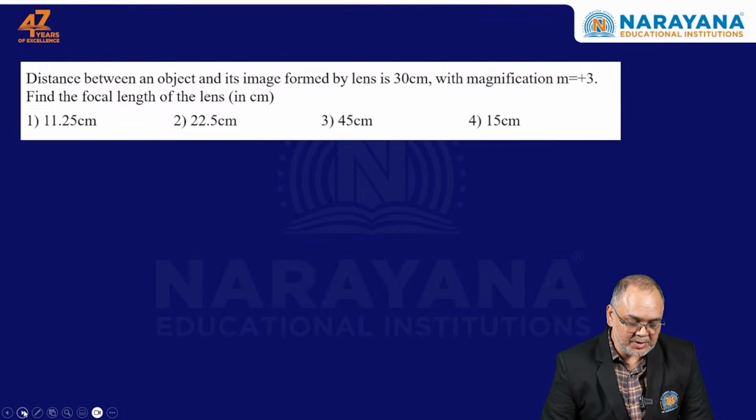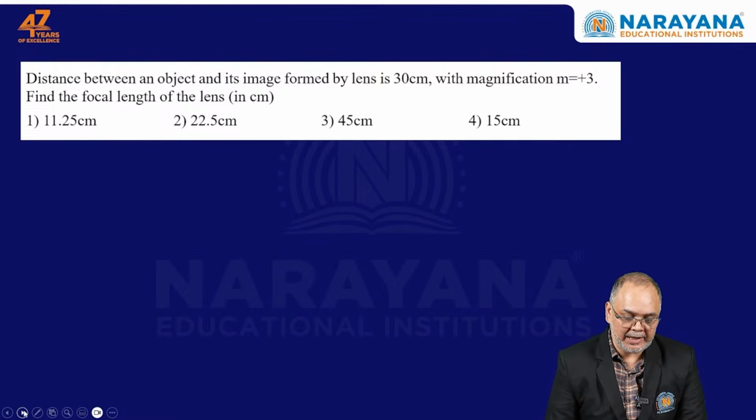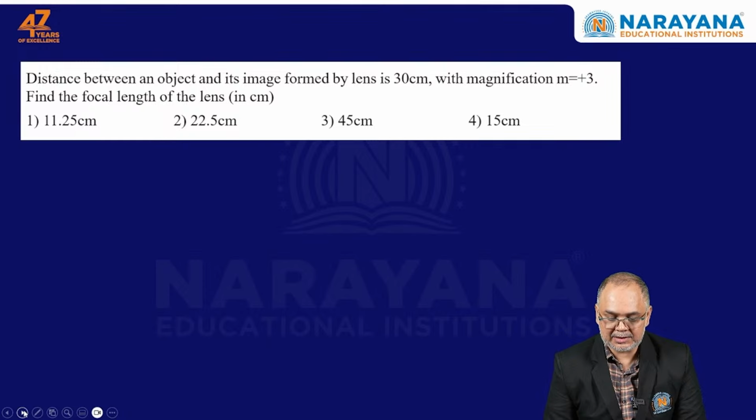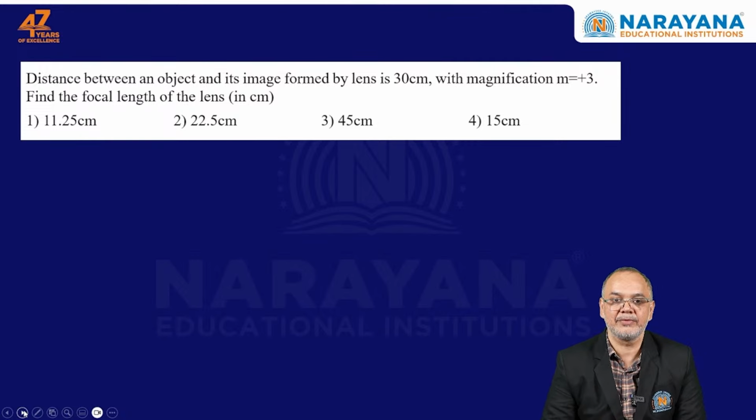Now this question, if you see here, is a geometrical optics question. Given that the distance between an object and its image formed by a lens is 30 centimeter. Object and image distance is given to you, with magnification m equal to plus 3. Find the focal length of the lens in centimeter.